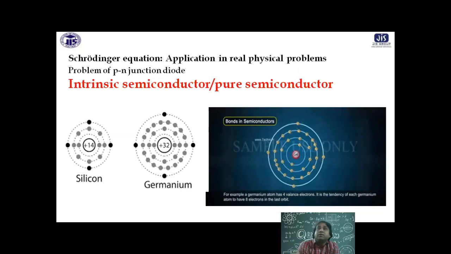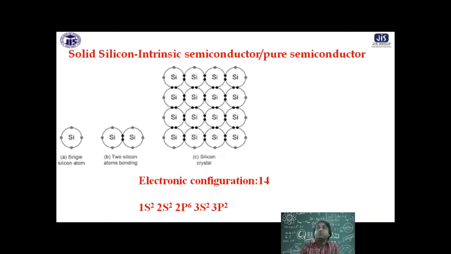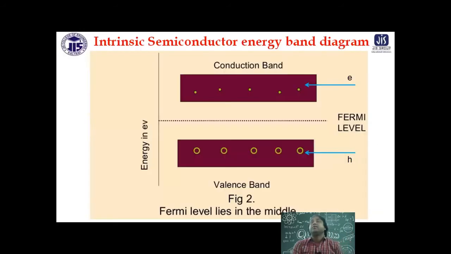You can see germanium and silicon, all are shown, all are popular semiconductors. So through covalent bonding, normally in the intrinsic case, electrons are shared. But this is a band structure. The idea is that, as I mentioned, at absolute zero, this is filled in and this is empty.